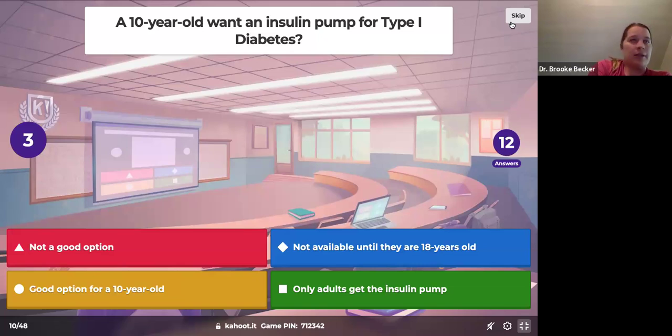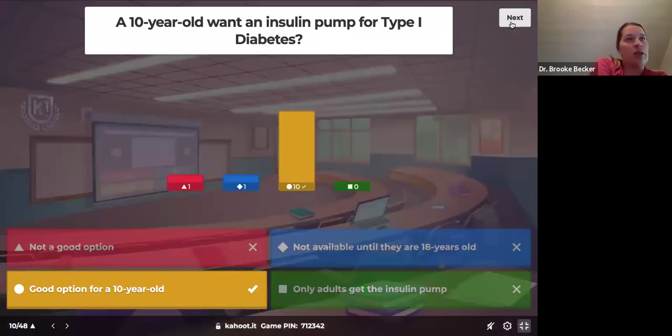Yes, it is a good option for a 10-year-old. Okay, most 10-year-olds. Obviously, if we have a developmentally delayed 10-year-old, then we might need to think about that a little bit more. But for most 10-year-olds, that's appropriate. Good.